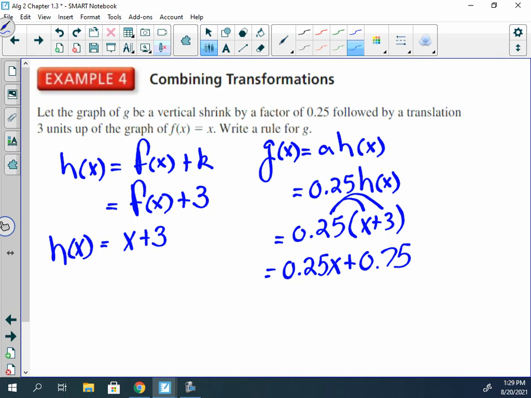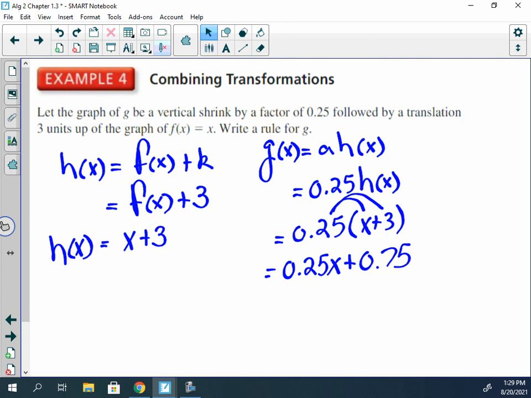Because doing this as we did, just taking one part and then the next and the next, will work out just fine. We won't have to worry about, did I make sure that the vertical stretch affected every part, because I did it in the correct order. Can you all see how that works? Okay. Any other questions on this?